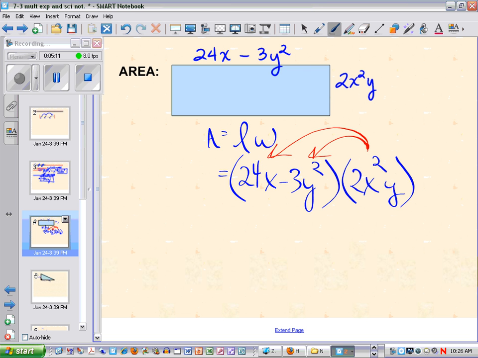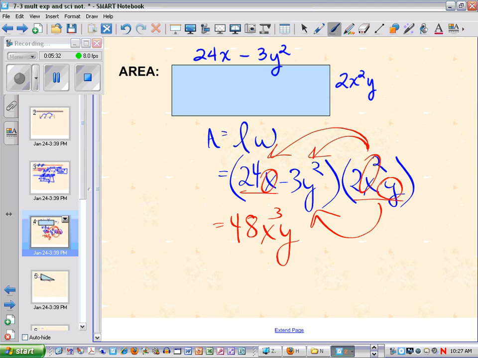So first, 2x squared y times 24x. I do my numbers, then my variables alphabetically. So 2 times 24, 48. X times x squared, that'd be x cubed. Then we just have the y. So now let's multiply times the second guy.